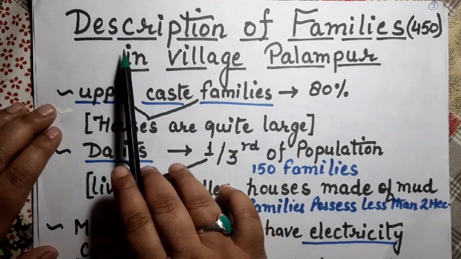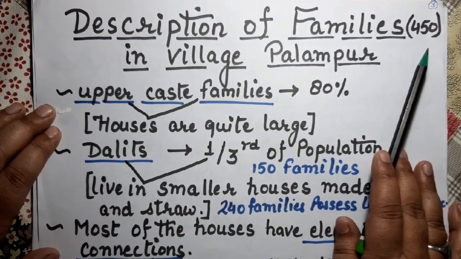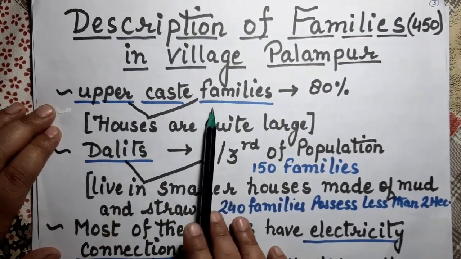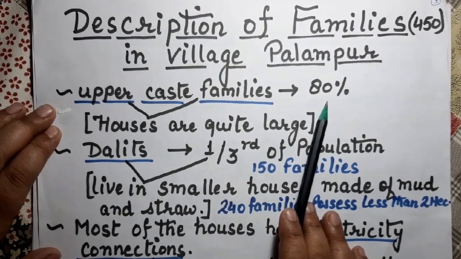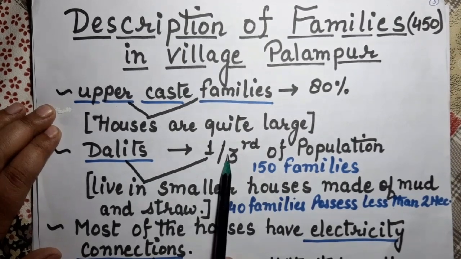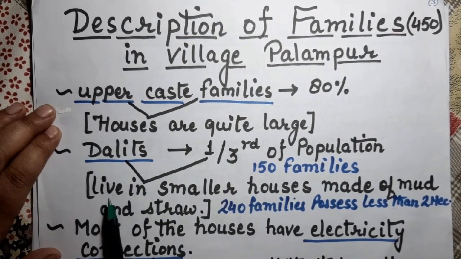Now here we go for the description of the families. There are 450 families in this village, of which upper caste families are 80% and their houses are quite large. Dalits are 1/3 of the population, 150 families, and they live in smaller houses made of mud and straw.